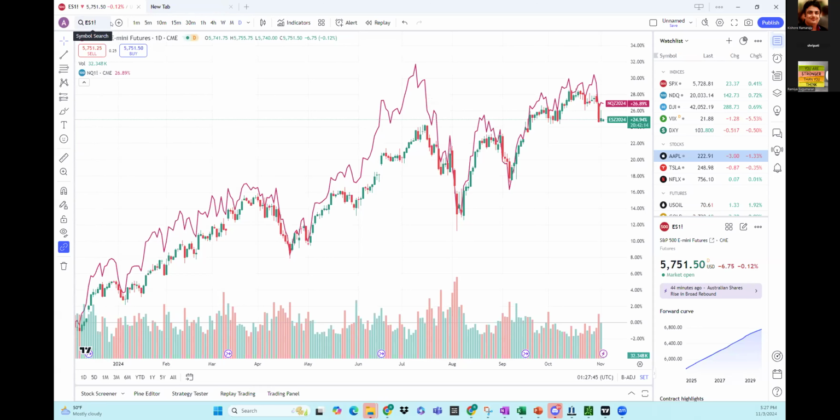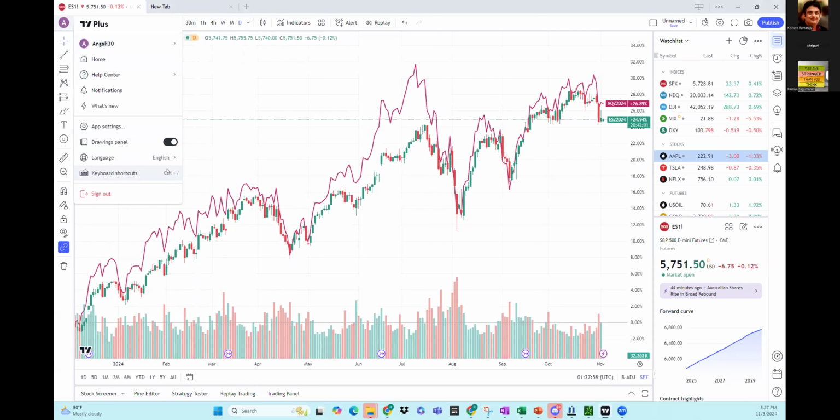I was just trying to add NQ for the next tab, and I think I did this. Okay, that's fine. Click on that top left corner, on that A. Okay, let me give you access to that user ID.